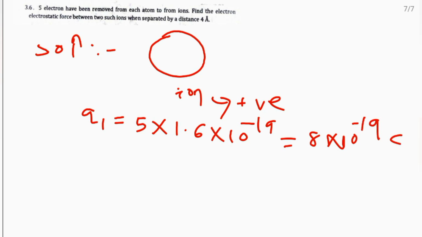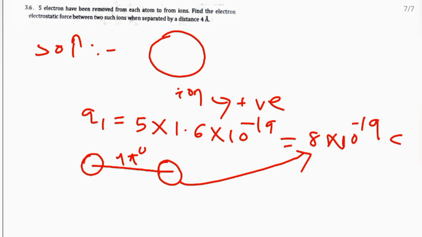According to the question, it is asking to find out the electrostatic force between two such ions. So this is my one ion, this is my another ion, which are separated by a distance 4 angstrom, and we calculated the value of charge of each ion, how much? 8 into 10 to the power minus 19 coulomb.